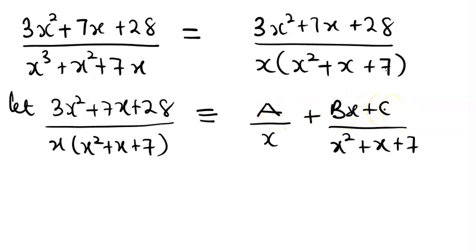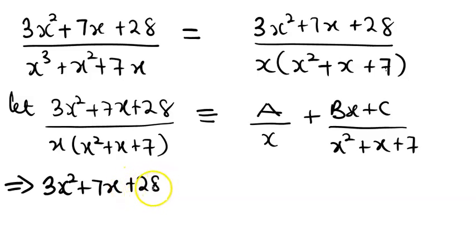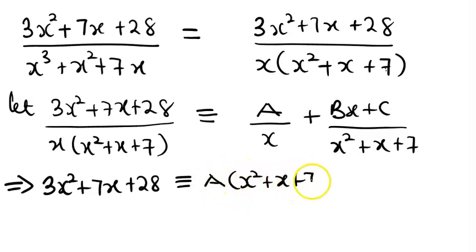To do that, let's multiply through by the LCM. When we do that, we have 3x² + 7x + 28 equivalent to A times (x² + x + 7) plus (Bx + C) times x.